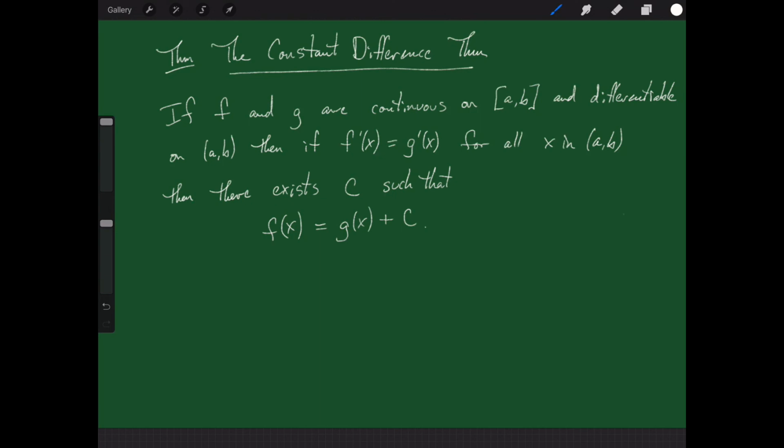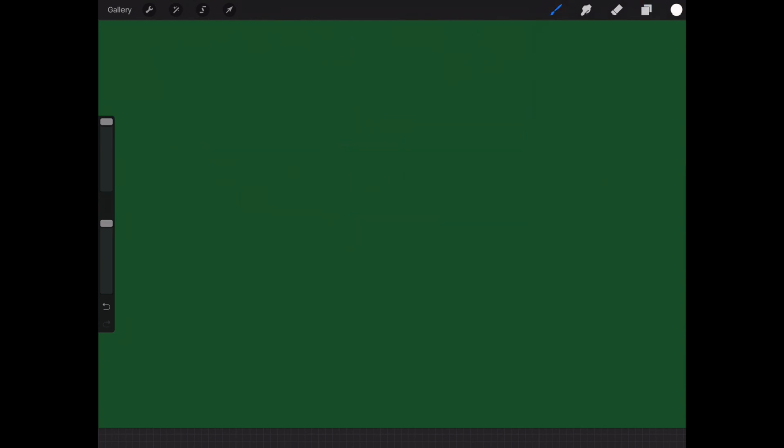All right, so let's prove the constant difference theorem. And to prove the constant difference theorem, I'm going to use another clever function to help me. Okay, so what I'm going to do is I'm going to let h of x be equal to f of x minus g of x.